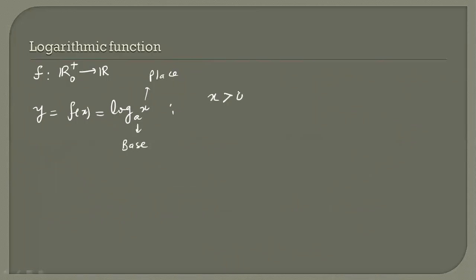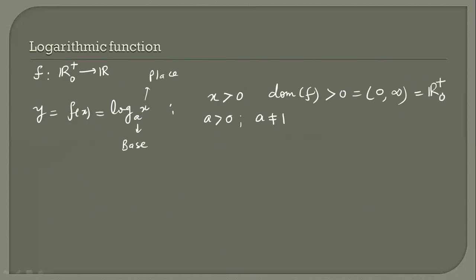Place is always positive. Base is also positive, and base is not equal to 1. As x is positive, the domain of f is from 0 to infinity, so I am representing here real numbers excluding 0. So this is the domain of this function.